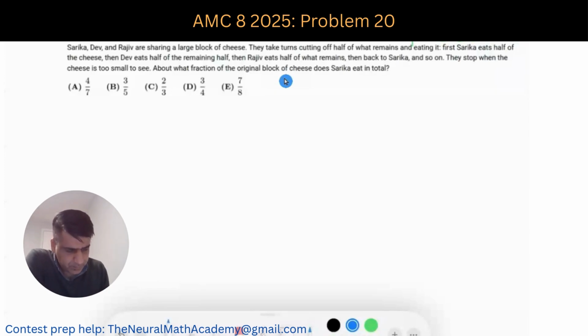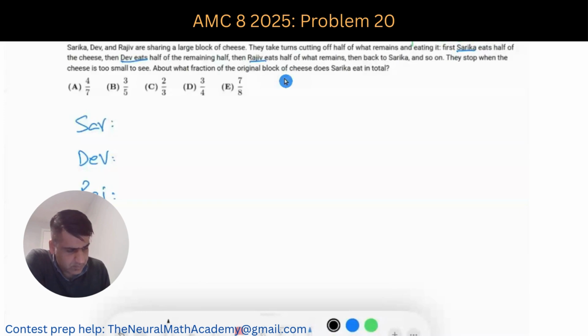So there are three people involved: Sarika, Dev, and Rajiv. And we're starting with one as a whole for the cheese.